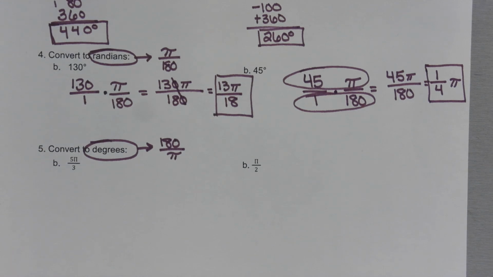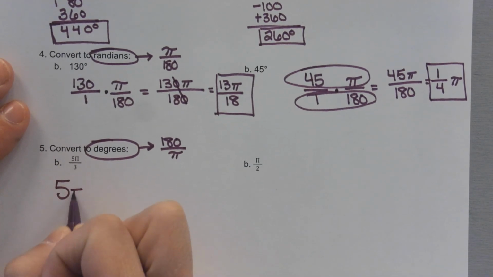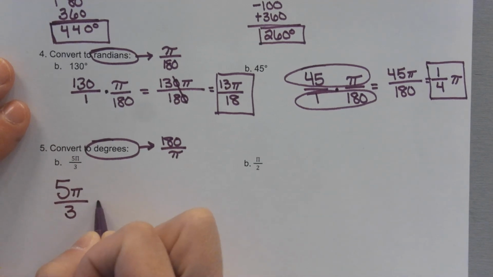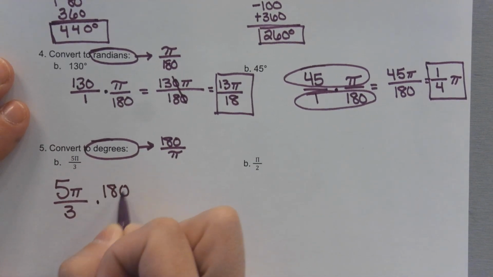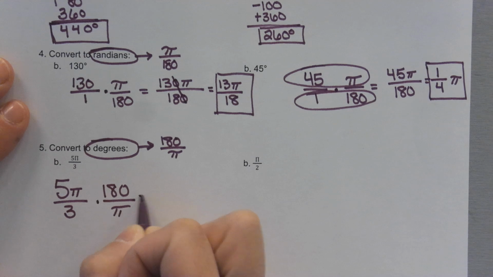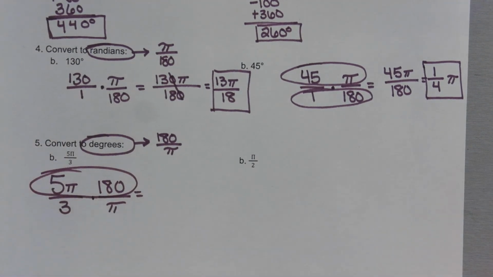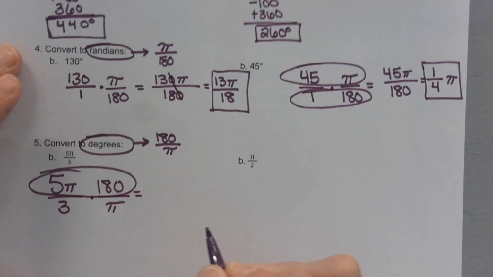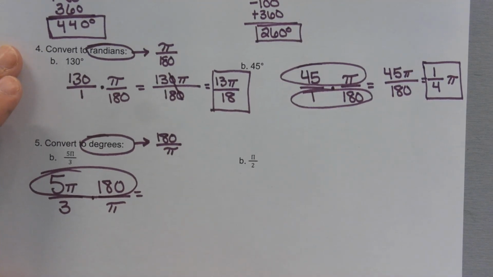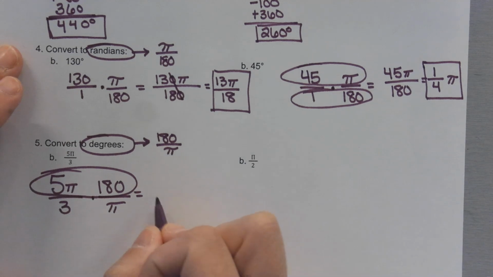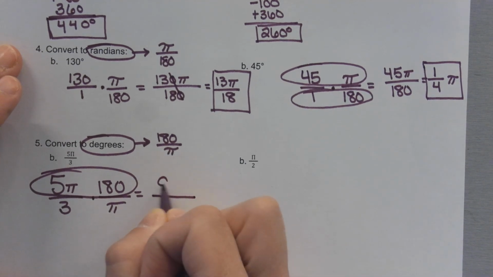All right, we ready for the last two? Okay. So we have 5 pi over 3, and this time we're multiplying by 180 over pi. So multiply across the top. What is 5 times 180? You have calculators, you can tell me. 900.